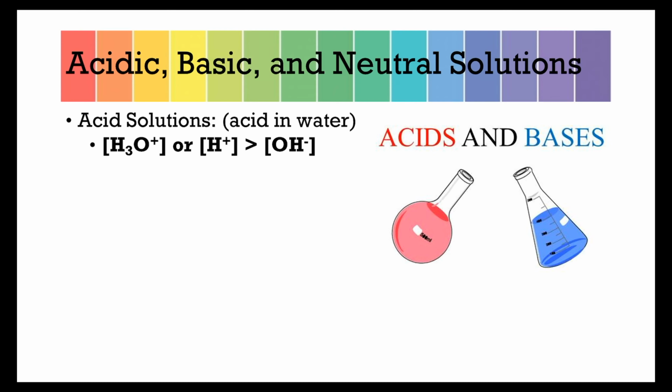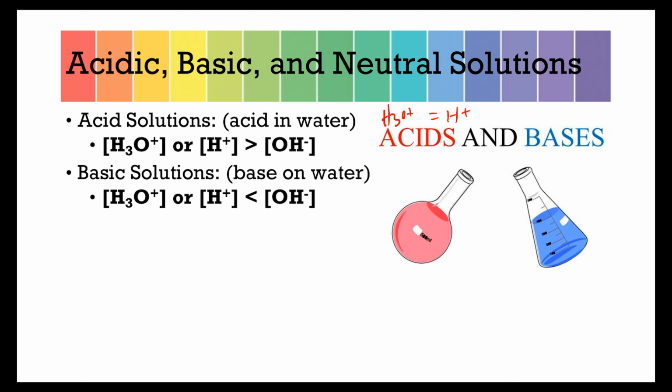Just to recap, H3O plus is essentially the same thing as H plus. If you are in an acidic solution, you have a lot more H3O plus or H plus than OH minus. If you are basic, that means you have more OH minus.